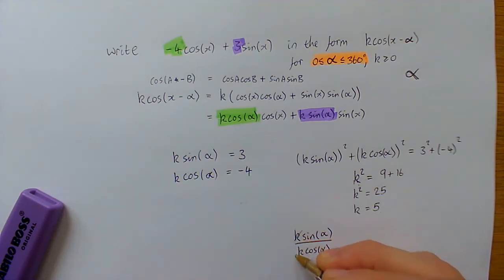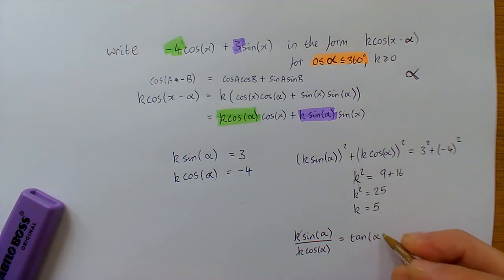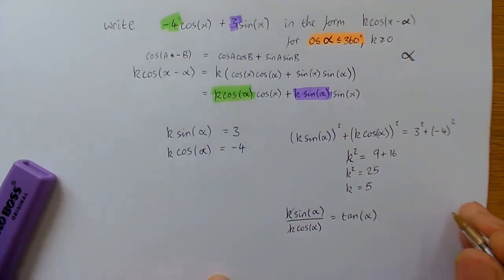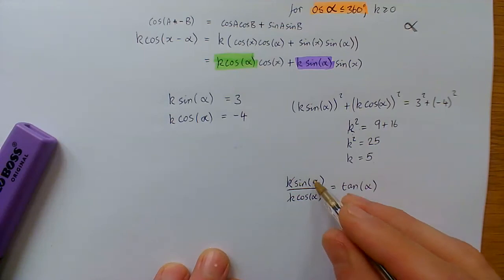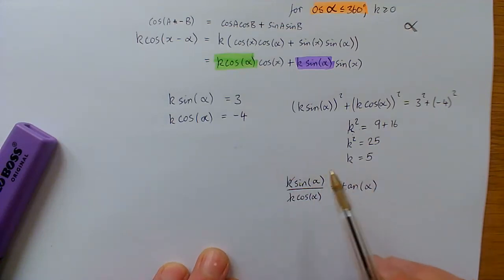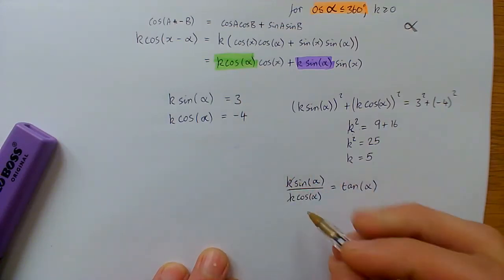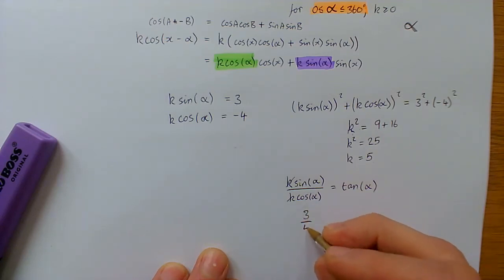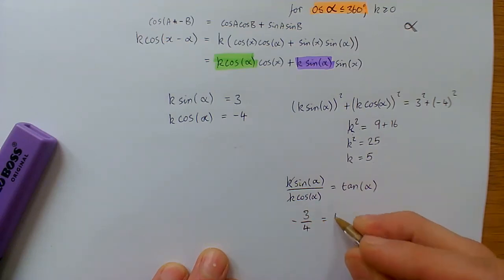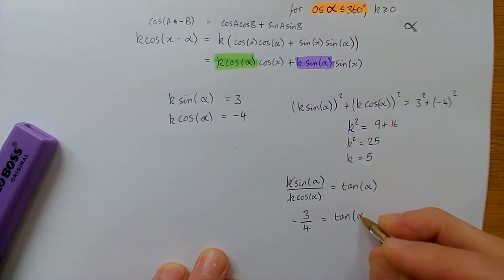Well, like we showed, the k's cancel out. So that is tan of alpha. But this thing here is also, well, sine over cos. That is 3 over minus 4 is equal to tan alpha.